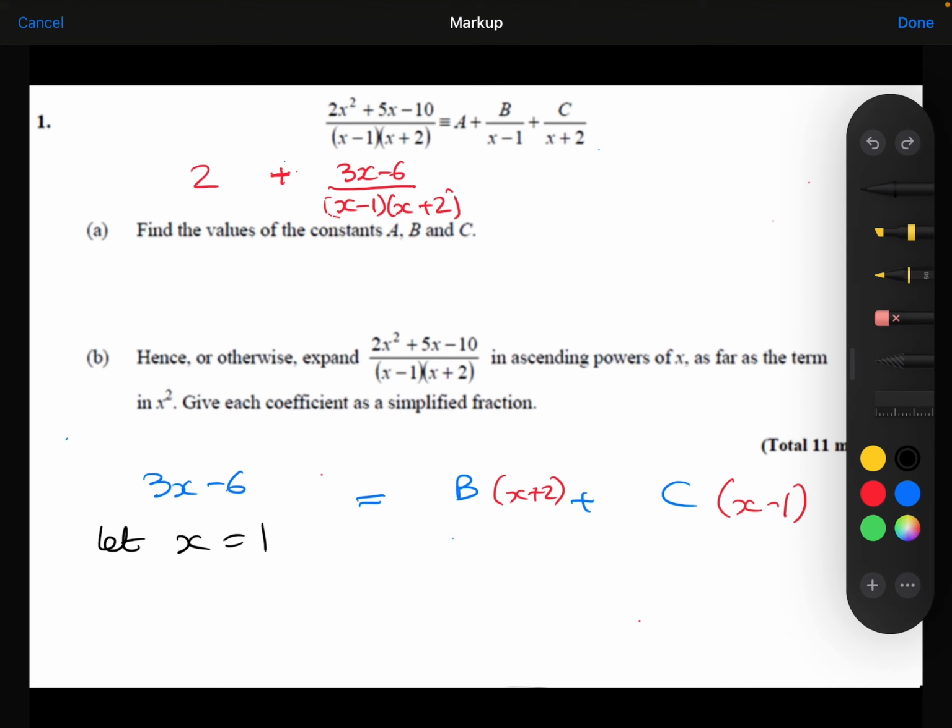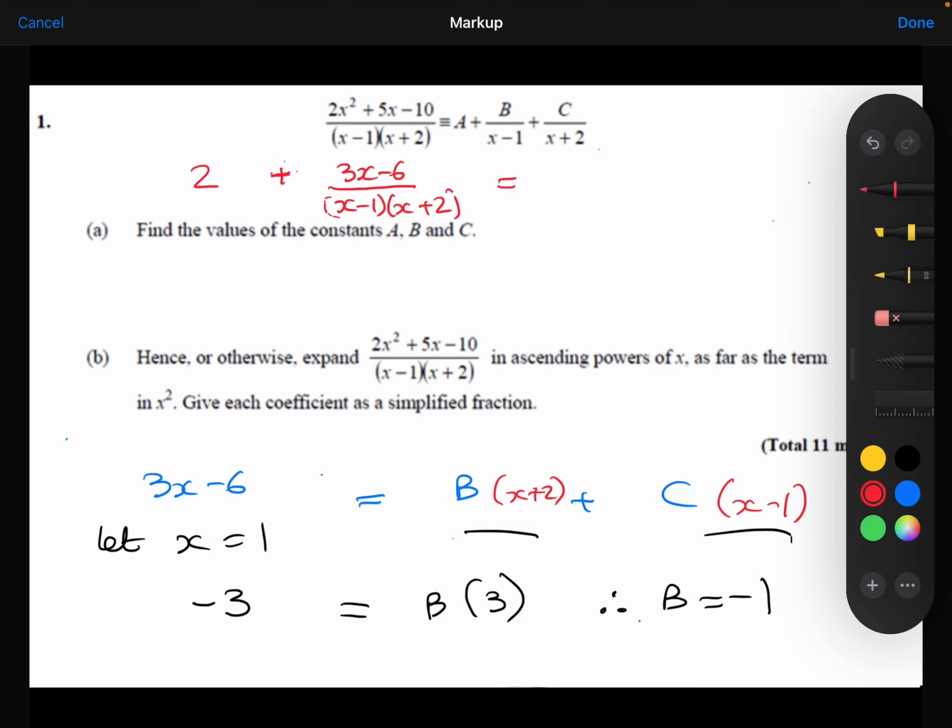Substituting 1 in, 3 times 1 minus 6 is minus 3. On the right I get b times (1 + 2), and the other term just leaves me with 0. So 3b is equal to minus 3, which means b has to be minus 1.